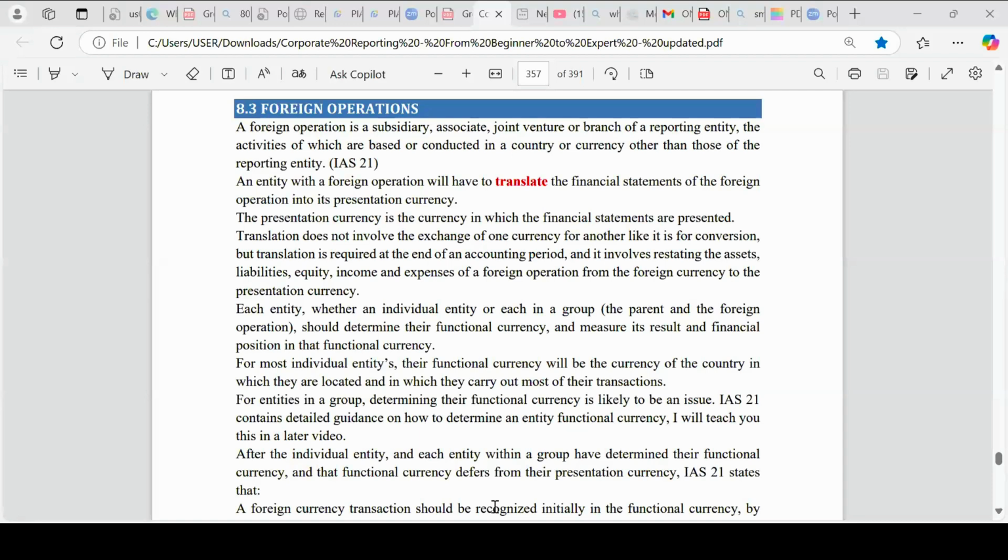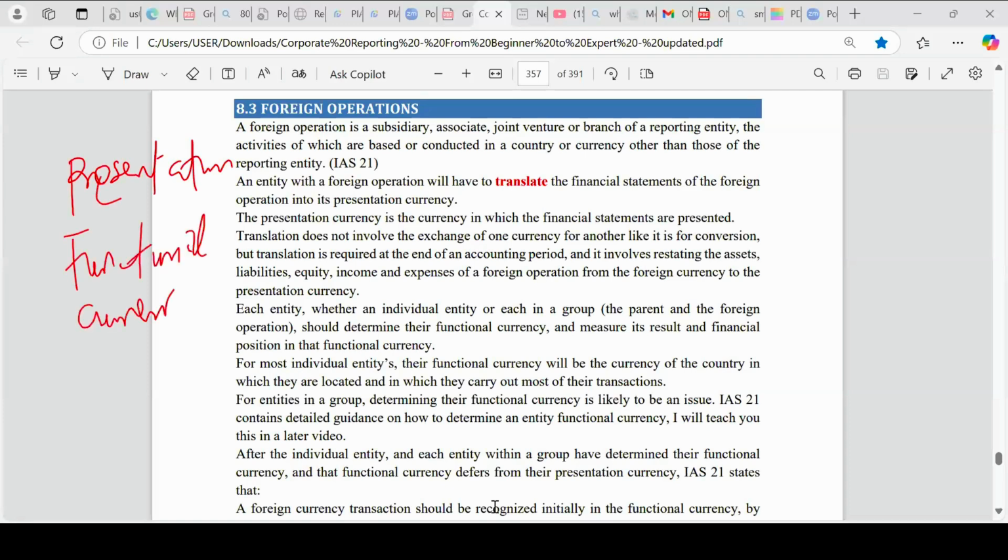Wherever this is the case, when you deal with IAS 21, there is usually the case of presentation currency and then what is called functional currency.